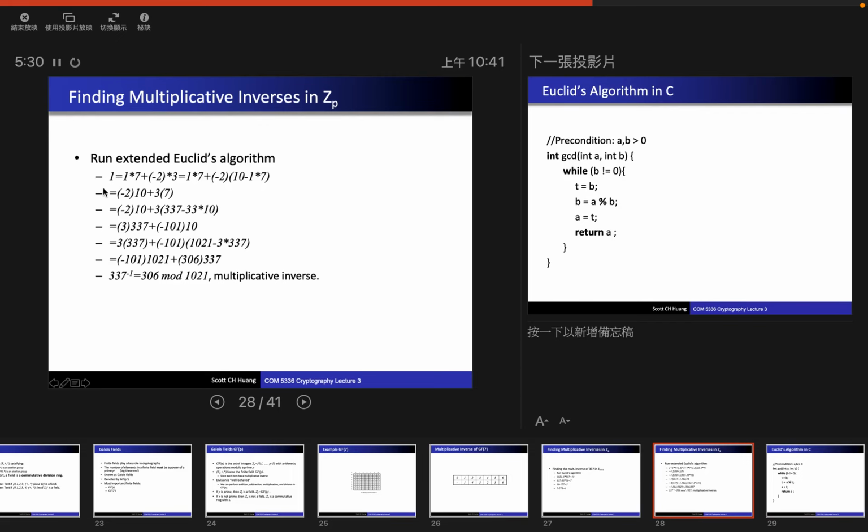We look at it backwards. 1 is represented as 1 times 7 plus minus 2 times 3.